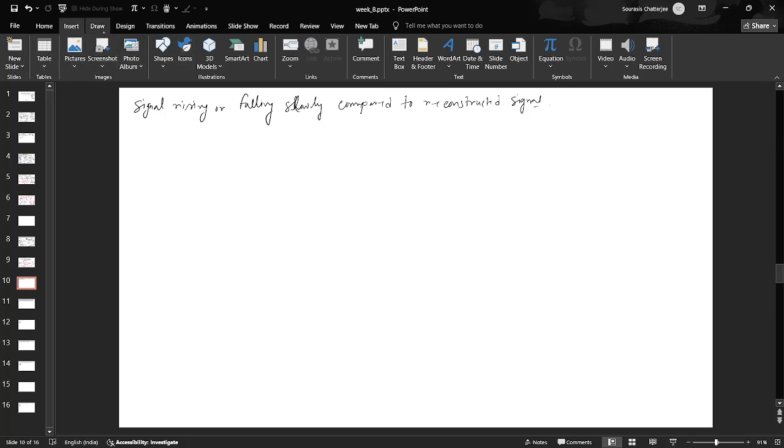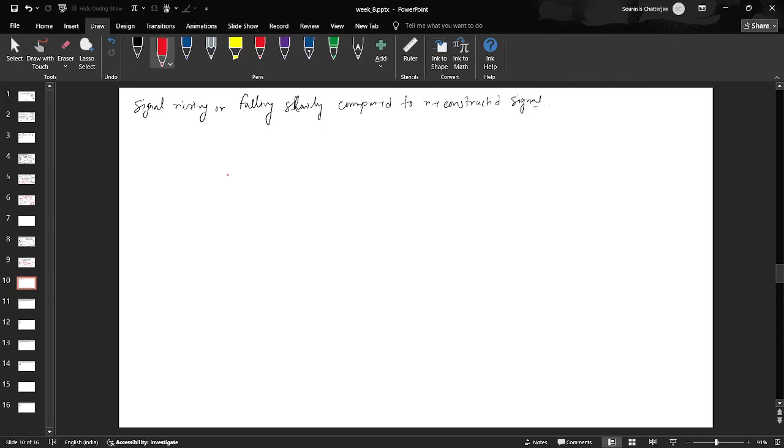That leads to this particular scenario. Your message signal shows very small variation, let's say like this. So you can see this is showing very small variation, but your reconstructed signal is not slow, it's kind of rapid. It's like this. Let us draw this.